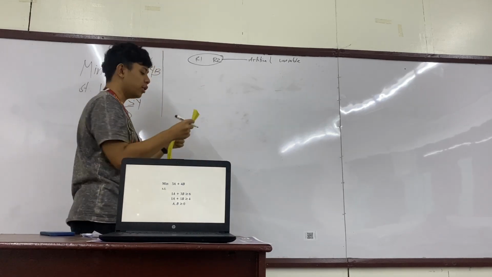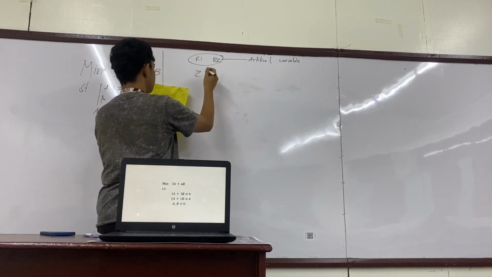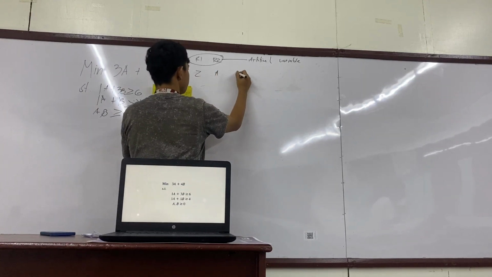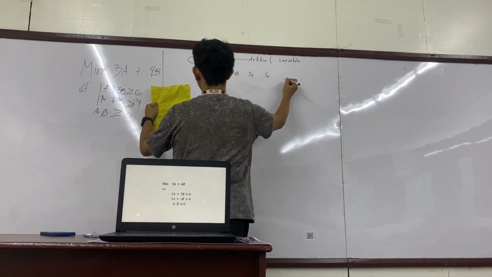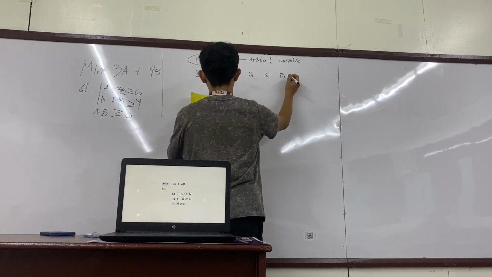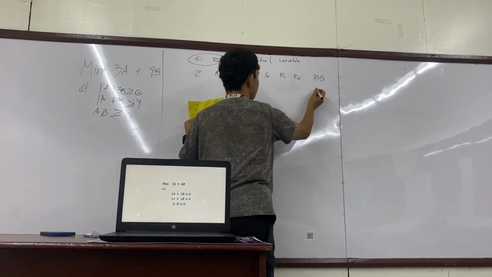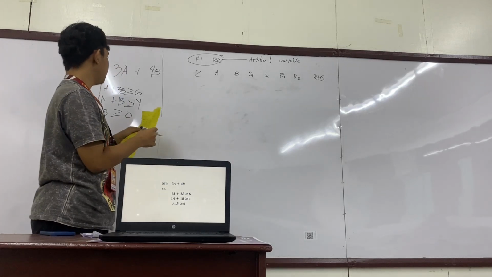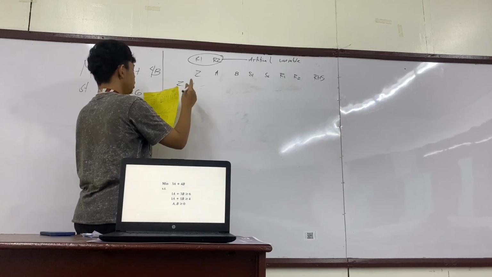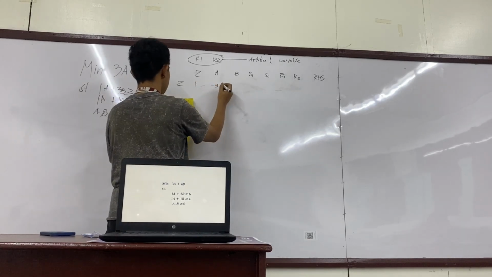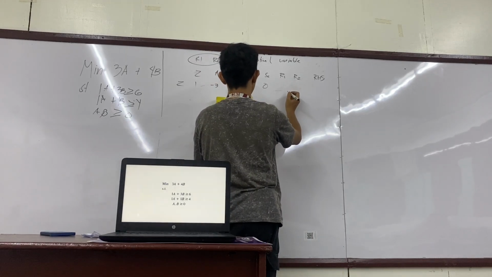So let's rewrite the table. Z, A, B, S1, S2, and then R1 and R2, and lastly the RHS, the right hand side. So let's copy. Z is 0, 1, -3, -4, 0, 0, then -100.